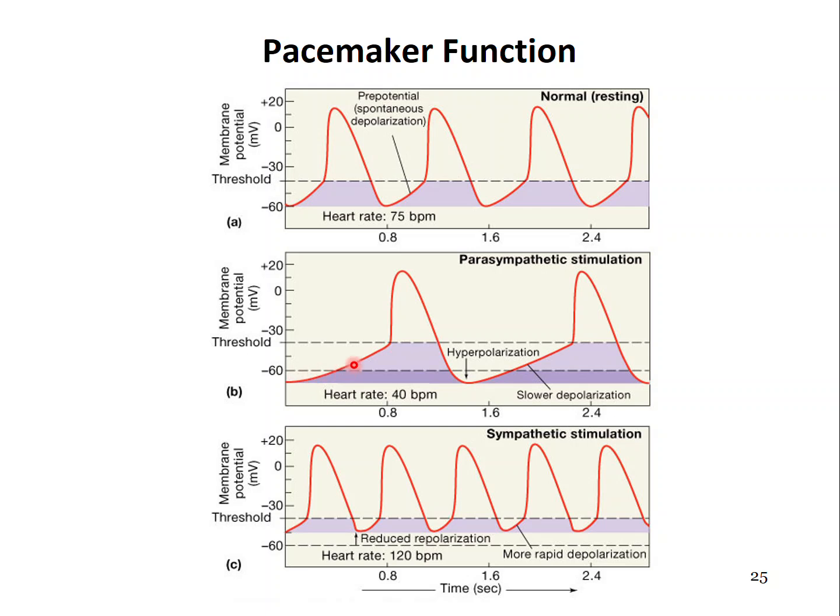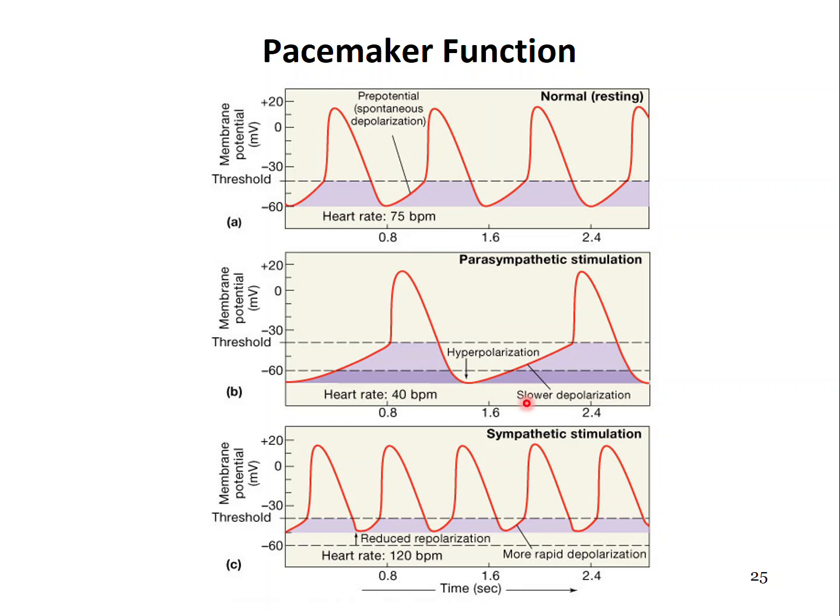Also, the slope of this resting membrane depolarization will decrease, and it takes longer to reach the threshold, so we have a slow action potential, and again it goes back to more negative, or hyperpolarizes, and this cycle repeats. So it gives a slow generation of action potentials in the SA node, causing a lower heart rate.